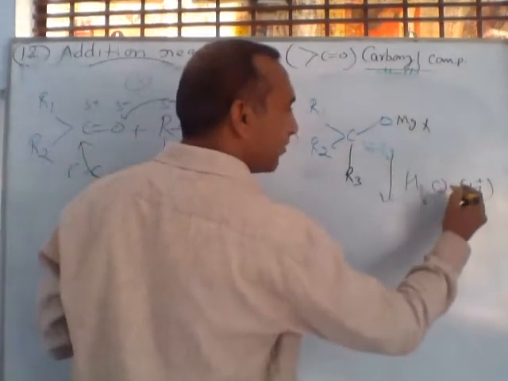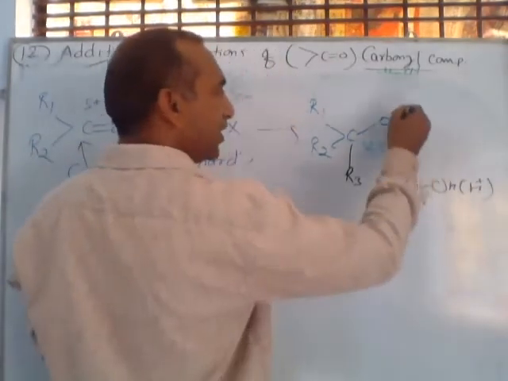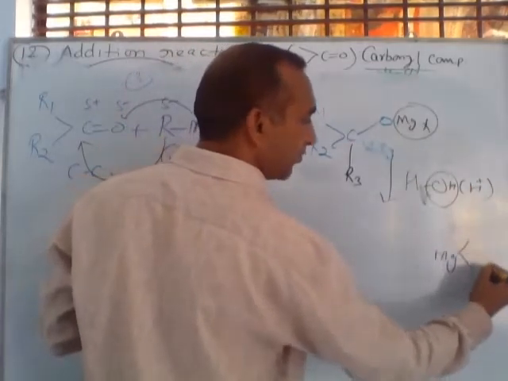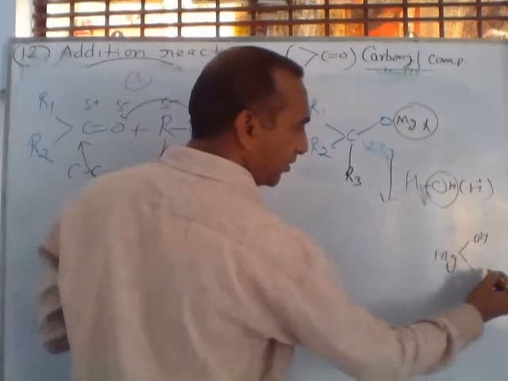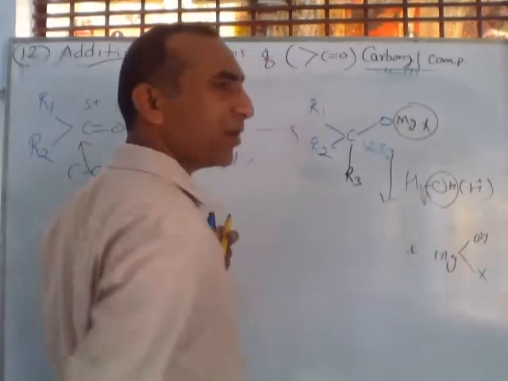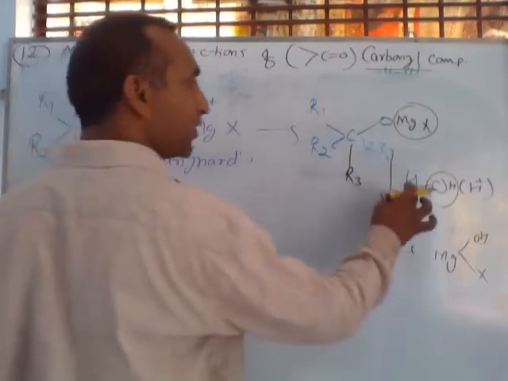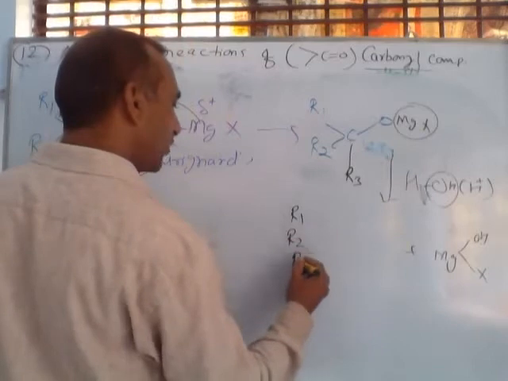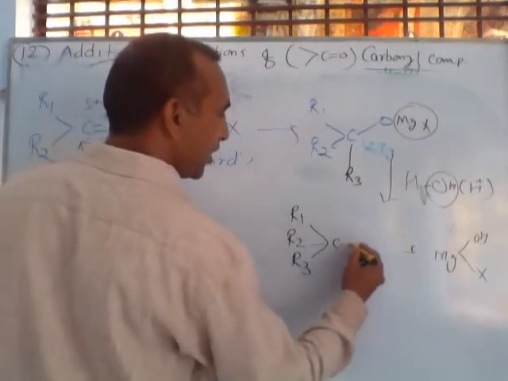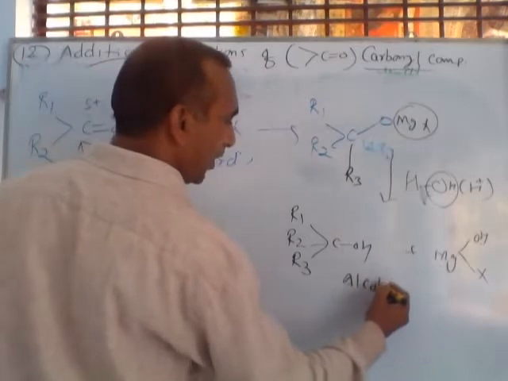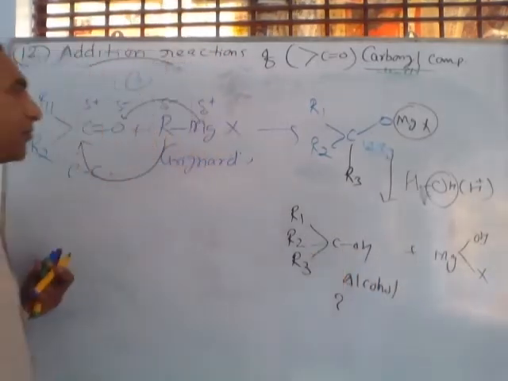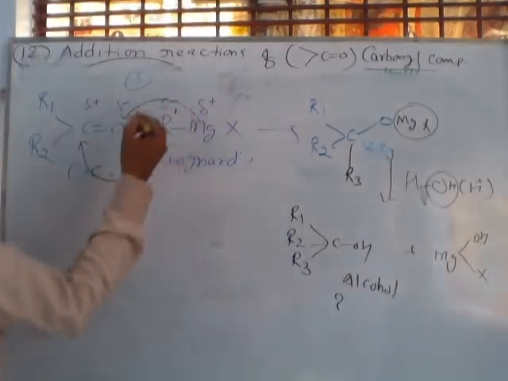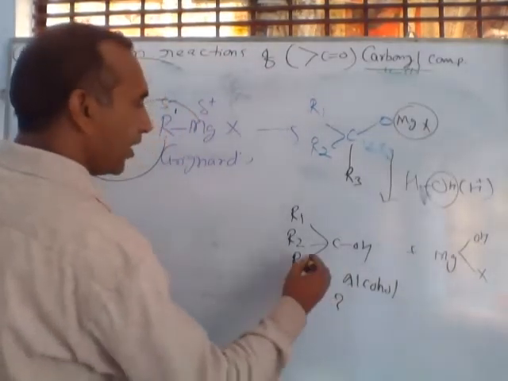Hydrolyze means I am writing water here. Then this MgX reacts with OH and forms a side product, hydroxy magnesium halide, but there is no need to write this product. This is a byproduct, a side product. But the main product is where H sits here and forms this compound R1, R2, R3, C-OH. This is called an alcohol. And which type of alcohol is formed depends on the nature of these R1, R2. This is R dash. So we are writing R dash here.